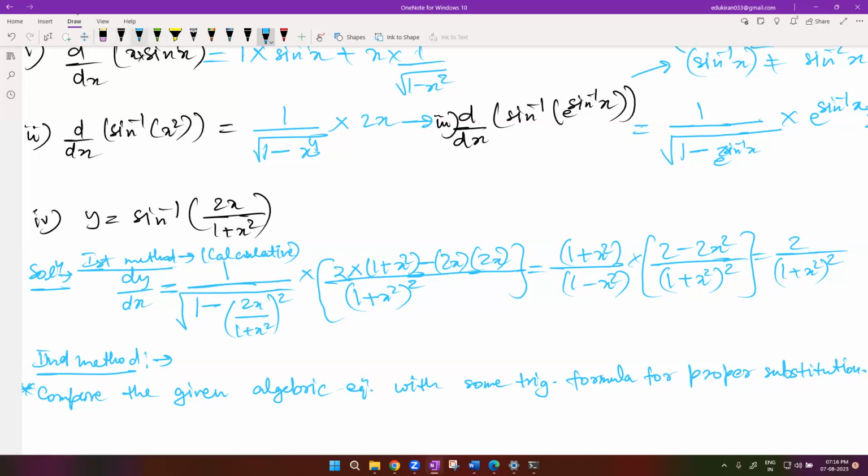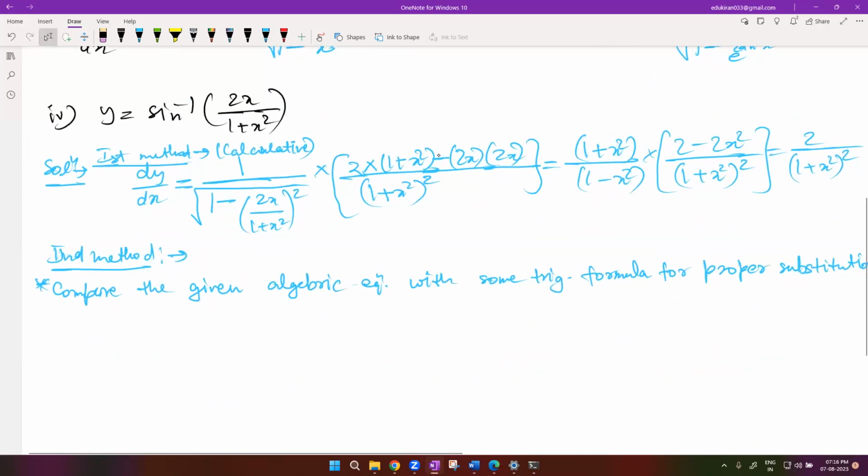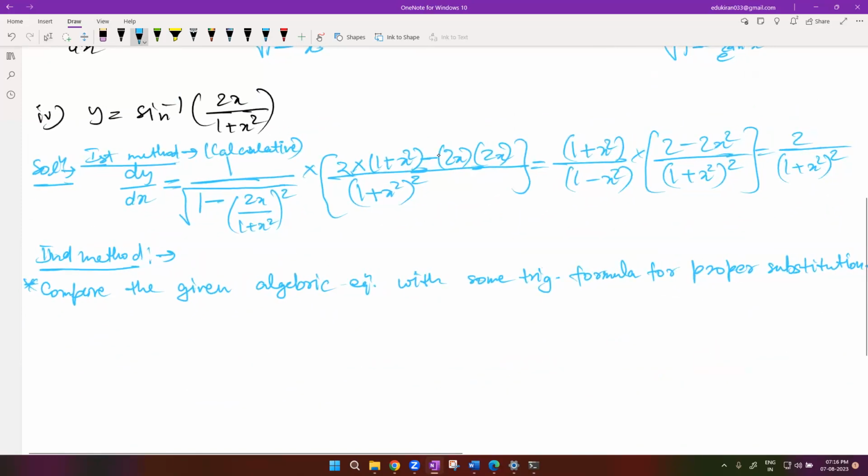So in this case, what we have is y equals tan inverse of sine inverse 2x upon 1 plus x square. So 2x upon 1 plus x square can be made 2 tan theta divided by 1 plus tan square theta if x equals tan theta.